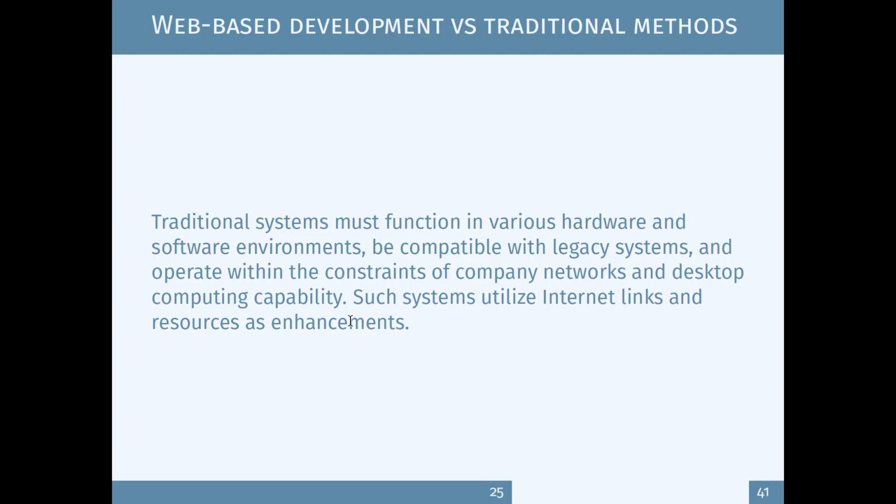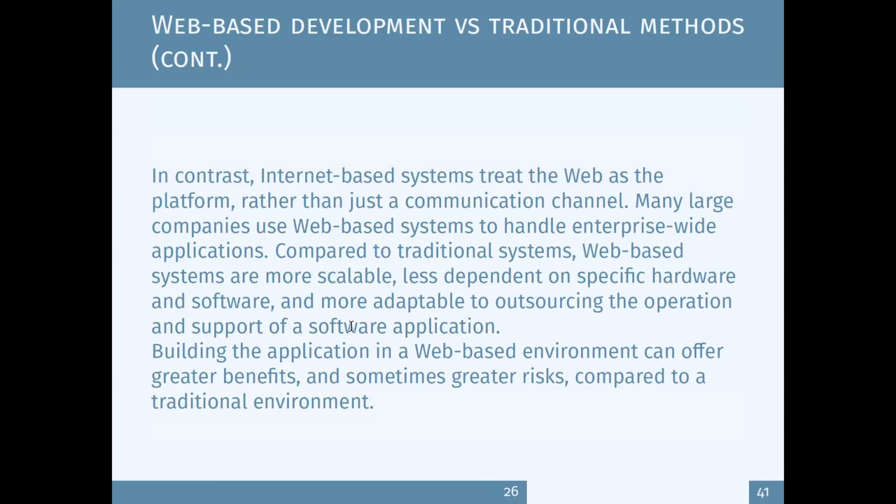developments. In traditional systems, we have various hardware and software environments. And you should also be compatible with the legacy systems, the old systems, and operate within the constraints of the company networks. In contrast, for internet-based systems, we use the web as the platform.